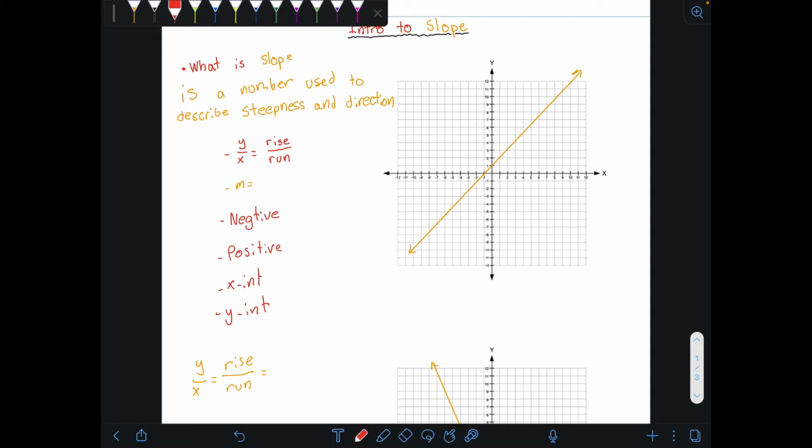So let's mark that down real quick right here. And now let's go back to our equation right here, rise over run. So what is rise over run? Well, rise is upward and run is any direction horizontally.